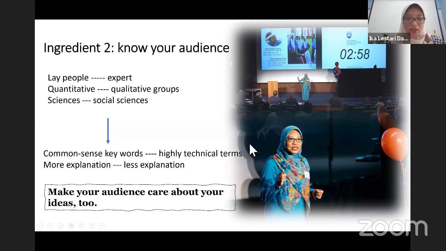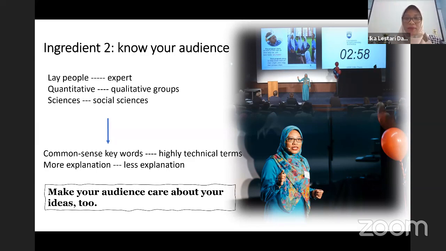So it will affect the use of common sense keywords and the use of highly technical terms related to your field, or whether you need to give lots of explanation or less explanation. If you present in front of experts in your area, you might not need to explain technical terms.